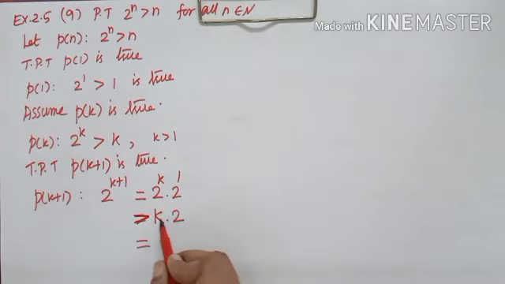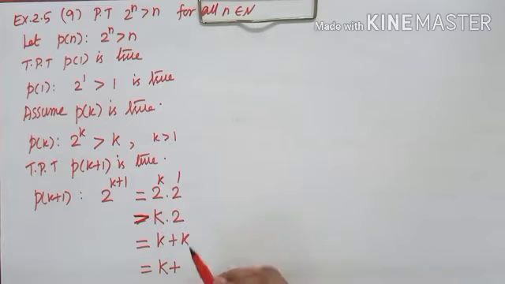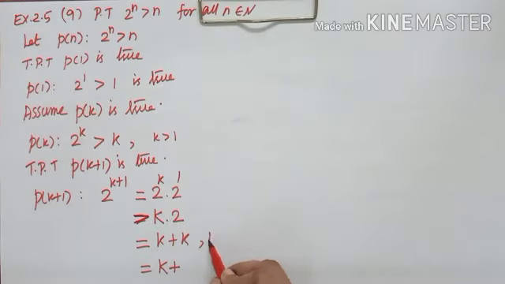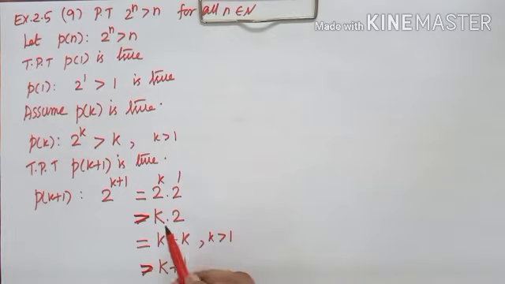k into 2 can be written as k plus k. 1k you keep as it is. For the other k, let me use this idea: k greater than 1. So for that k, let me write greater than 1. Again, 2k I write as k plus k. 1k you write as it is.